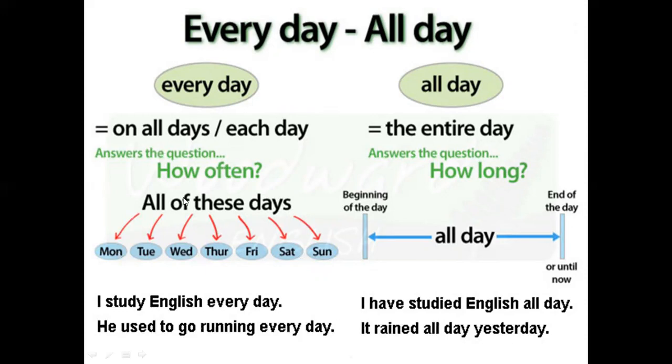For example, you can say, I study English every day. So it means from Monday to Sunday. And if you say all day, it's referring to the complete day, from early in the morning till late in the evening. Like, I have studied English all day, or it rained all day yesterday. And now we have page 95, we have some exercises.